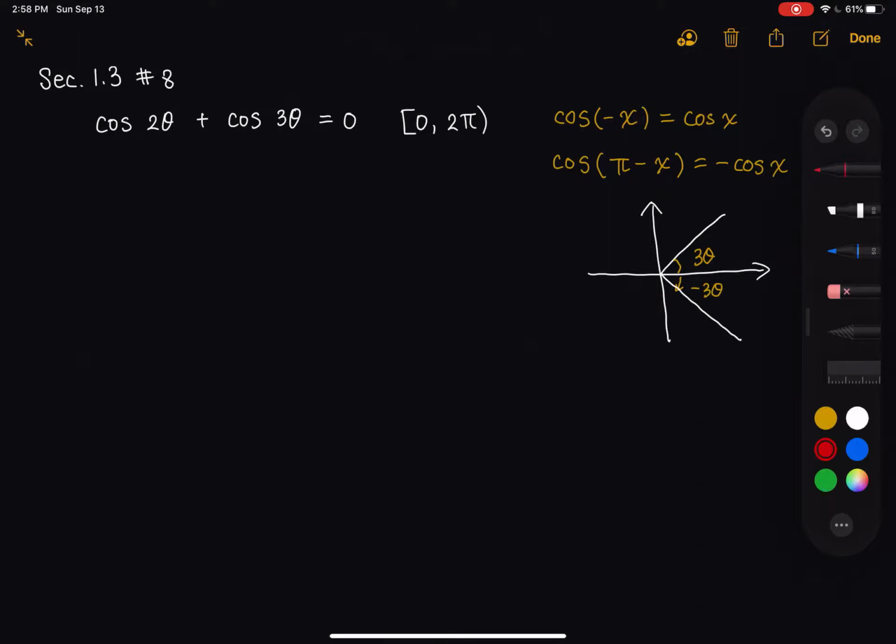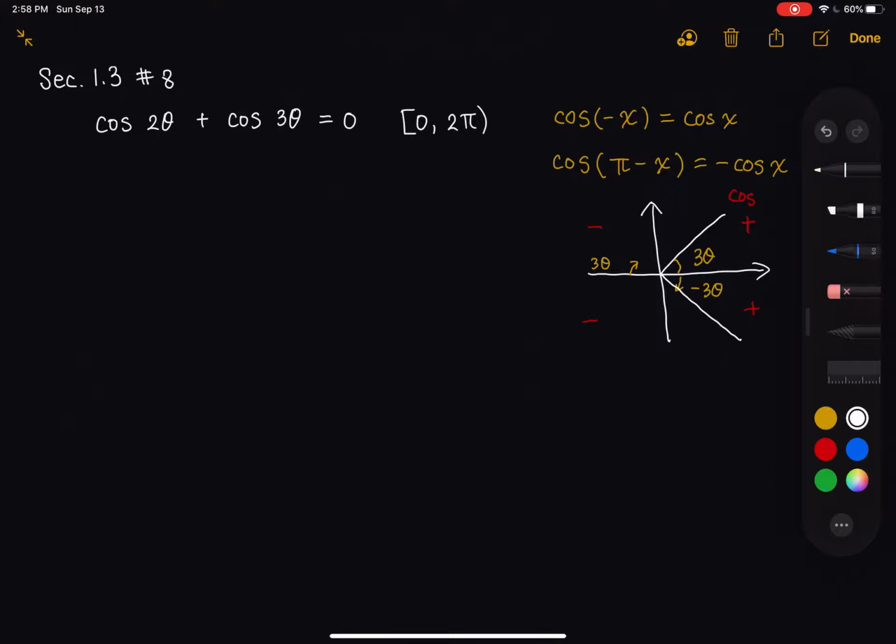From our knowledge, the cosine function is positive in Q1 and Q4, and negative in Q2 and Q3. So we use this knowledge. If you think about it this way, you go back 3 theta, and that's a reference angle.